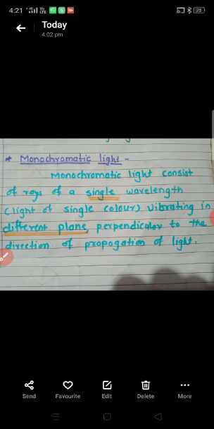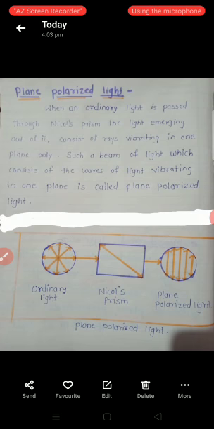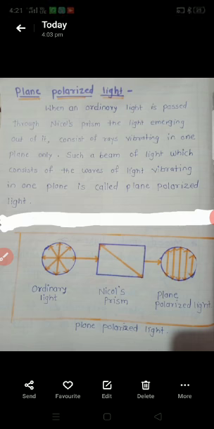Our next point is plane polarized light. What is mean by plane polarized light? We know what is mean by ordinary light.